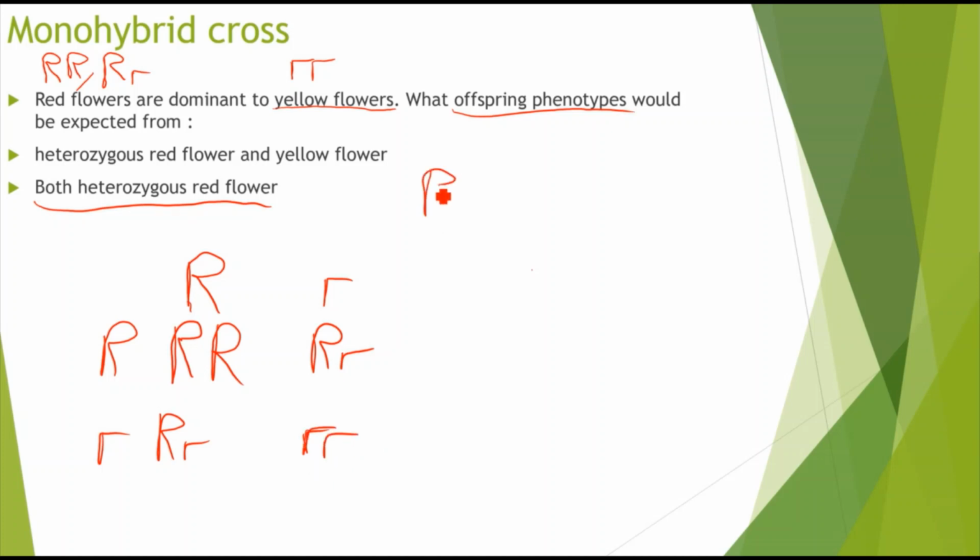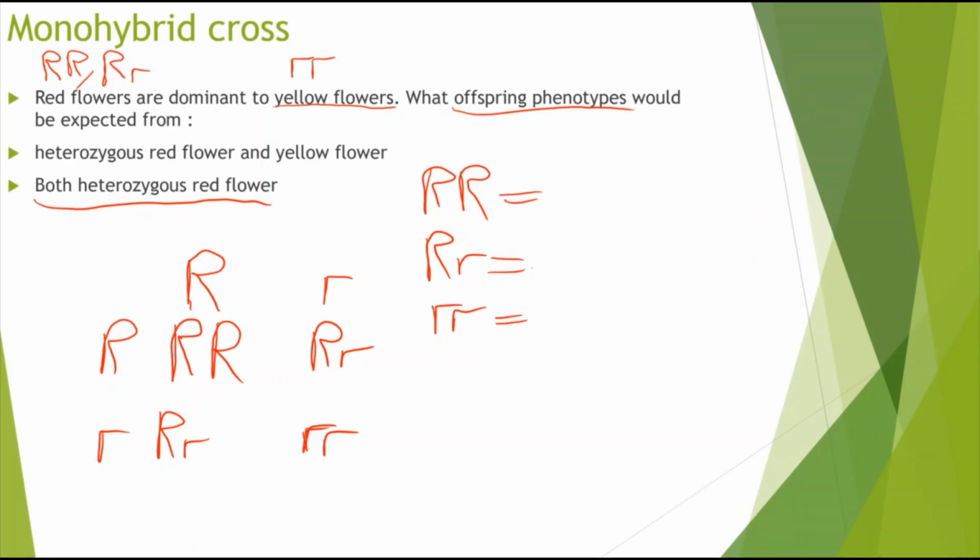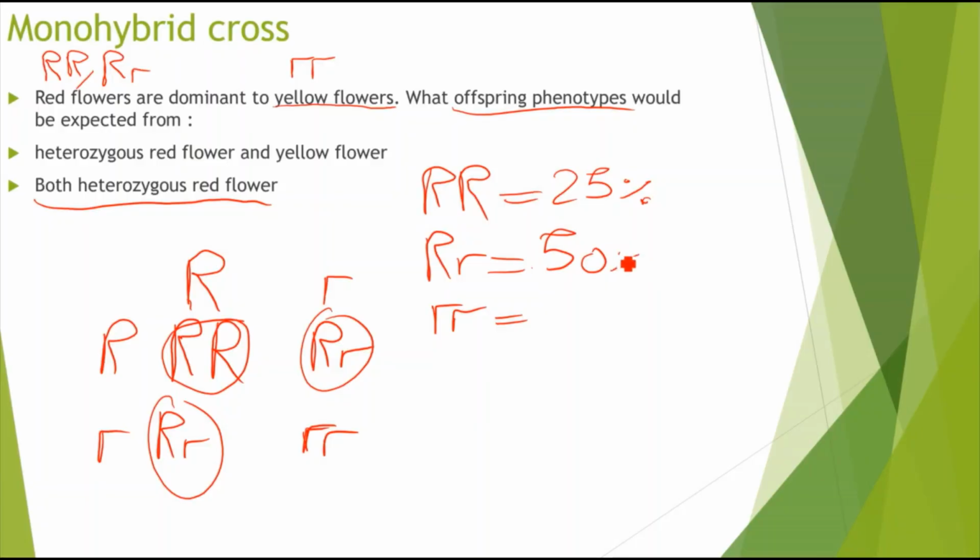So we have the genotypes capital R, capital R, lowercase r, and lowercase r. So I can see the probabilities of them occurring. I know that capital R capital R only occurs once, so that would just be 25%. Whereas capital R, lowercase r occurs twice, so that would be 50%. And lowercase r lowercase r only occurs once, so that's again 25%.